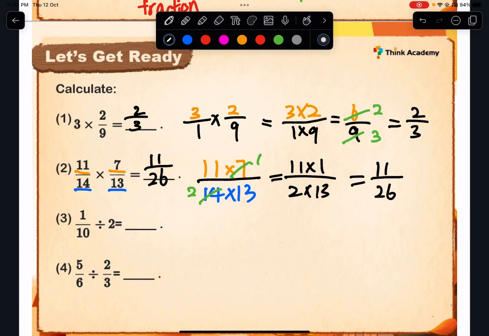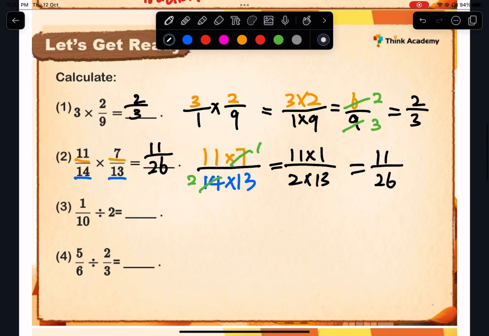Perfect, so now let's go to question 3. Question 3 is division. So in the class, we have mentioned that dividing by a number is actually equal to multiplying by its reciprocal. So what is the reciprocal of 2? The reciprocal of an integer is 1 over that number. So it will be 1 over 2. Okay?